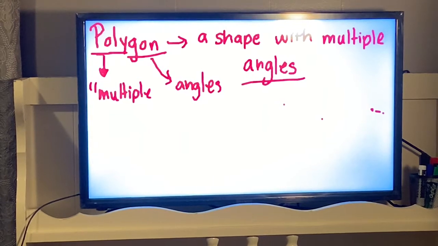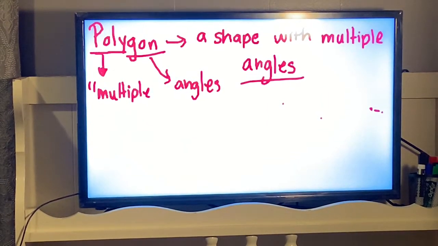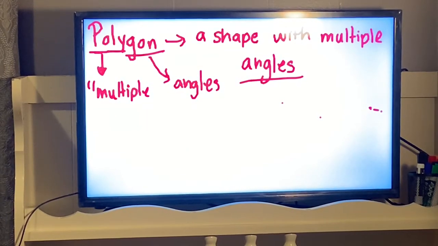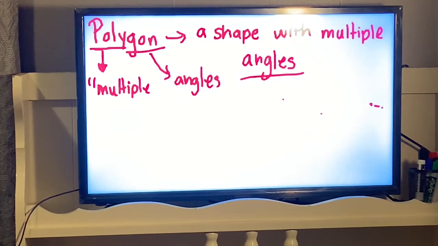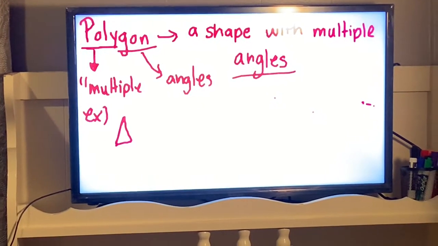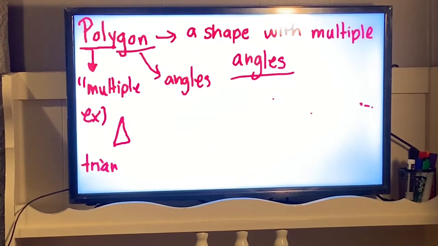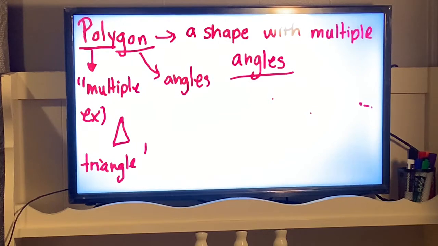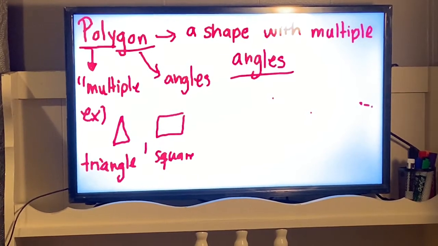Okay, and now what does that mean, right? It means any shape that has more than 3, more than 4, more than 8 angles, that is a polygon. Some examples: a triangle is a polygon. You can say a square is a polygon, right?